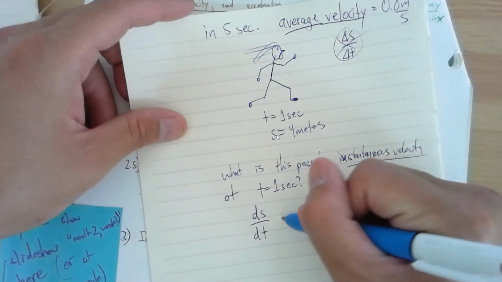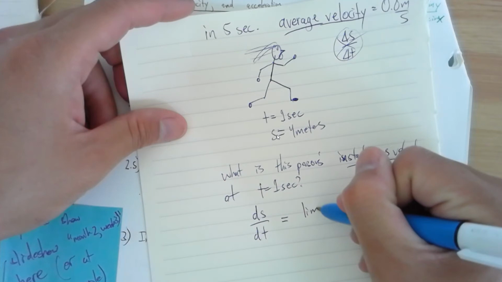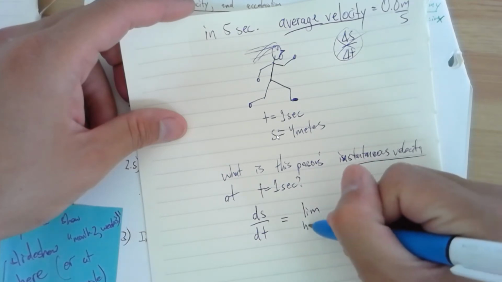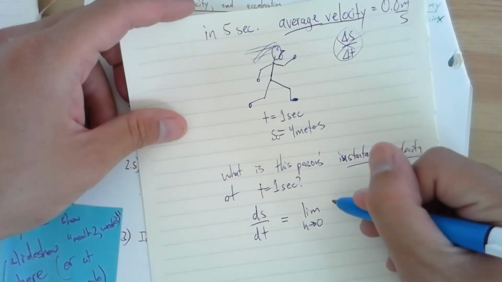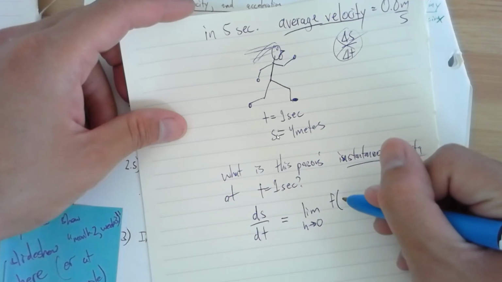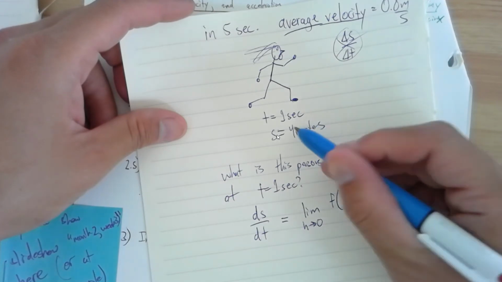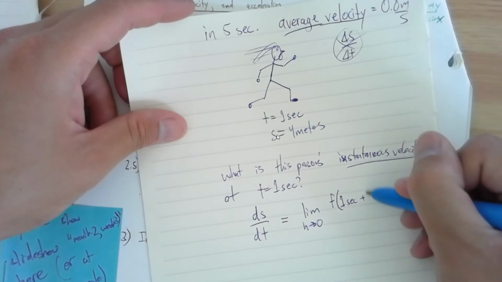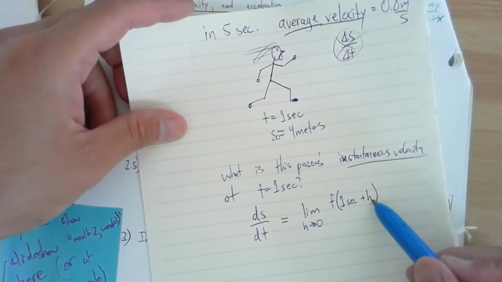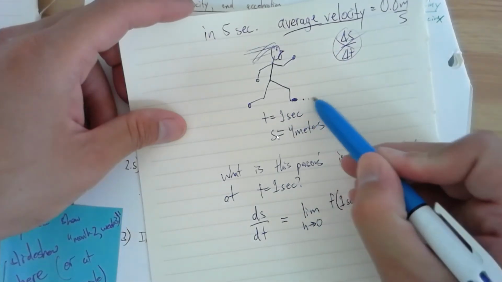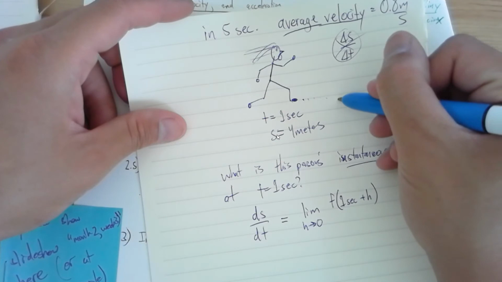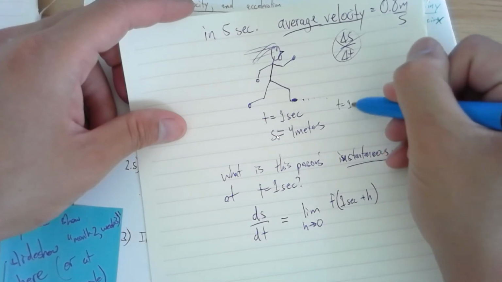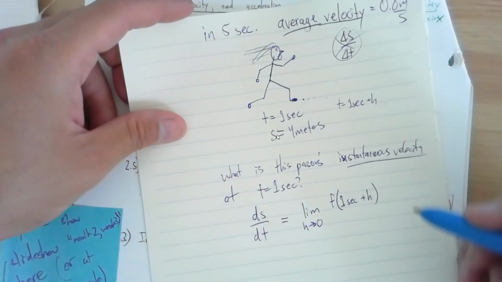What that would look like from the traditional way is the limit as h approaches 0 if we're looking at f of 1 second, 1 second plus this imaginary difference, right? Like maybe where is he at t equals 1 second plus h, right?